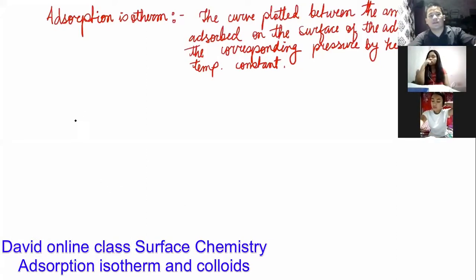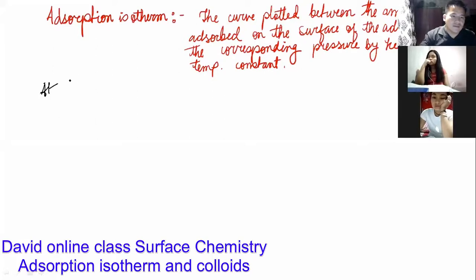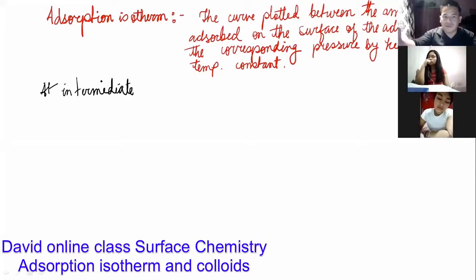Now let us see at intermediate pressure, at high pressure, we're going to find that this extent of adsorption, let us see at intermediate pressure, when pressure is neither too low nor too high.